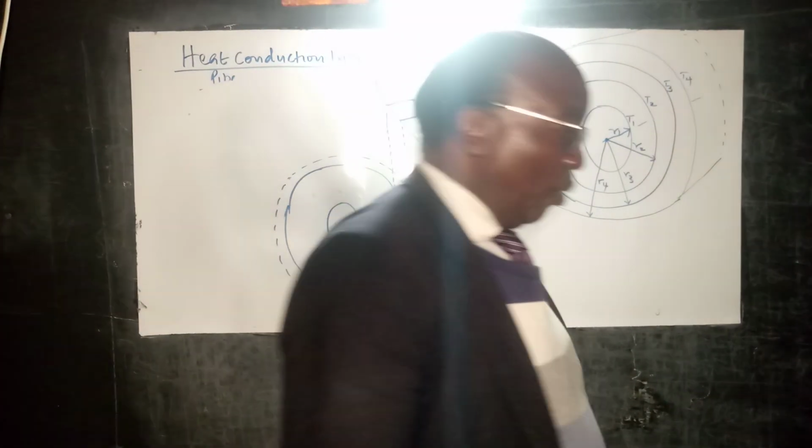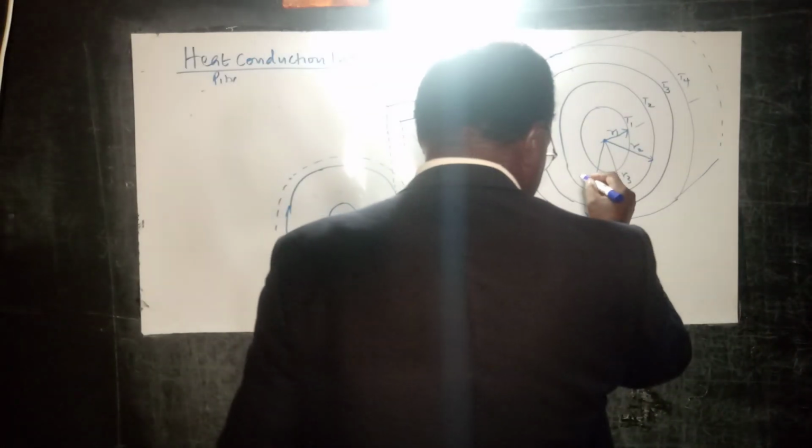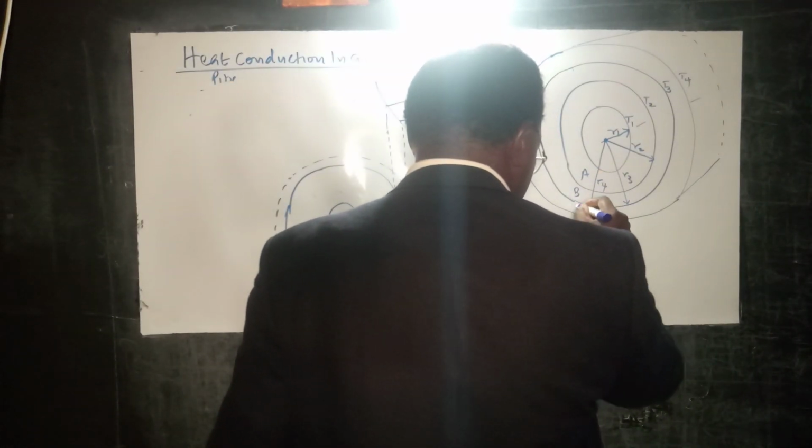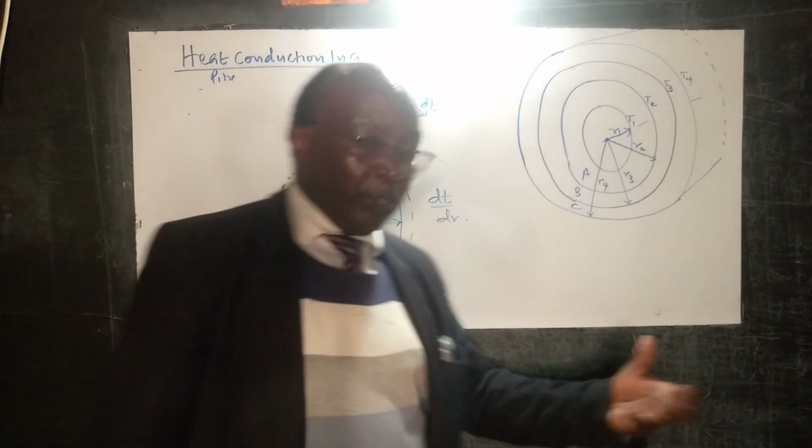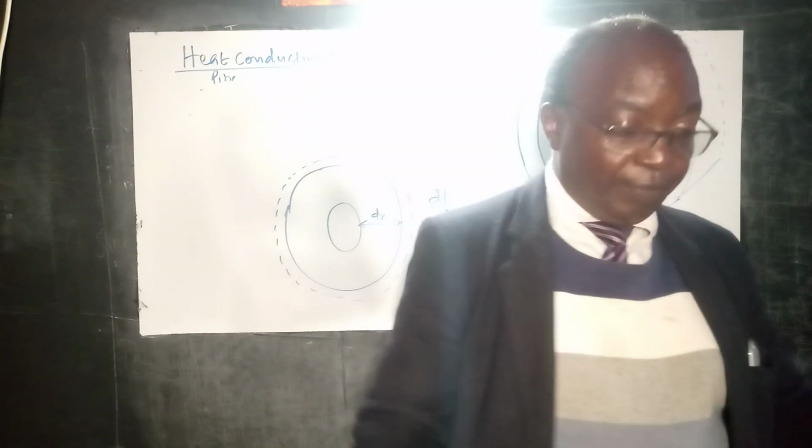And we can categorize them and call this A, B, and C. So that as we apply those equations, we don't do it ambiguously, so that you're able to follow what we're talking about.